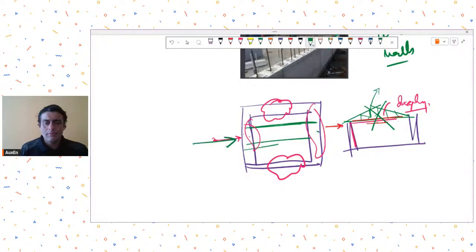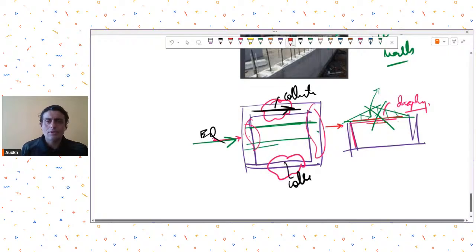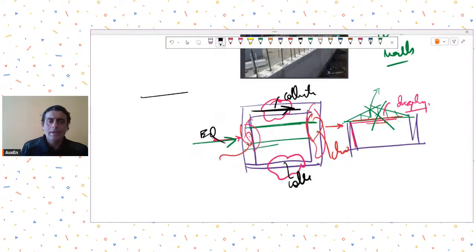So for example, this is the direction of lateral load. This will be sort of your collector element, and this will help you to transfer the lateral loads to these cords.